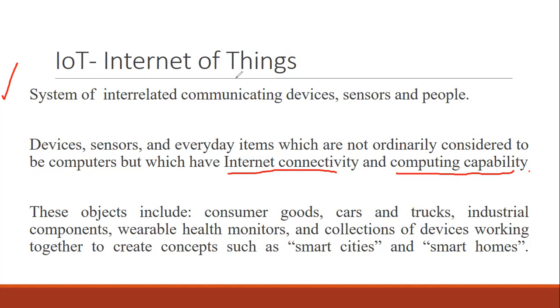And here you can see object. What does object include? Things means different objects. So here you can see a few examples of different objects that can be connected with the help of IoT: consumer goods, cars, trucks, industrial components, wearable health monitors, and so on.